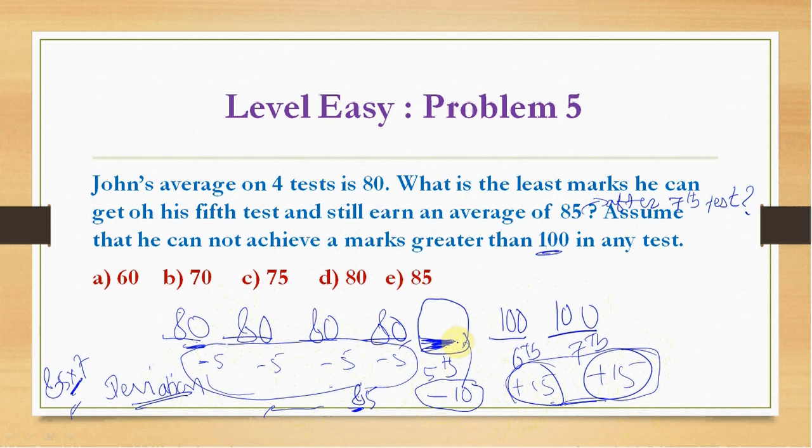So in order to obtain a negative deviation of 10, he should obtain 75 marks, so that 75 minus 85 is negative 10. So 75 is the least marks he can get on the 5th test and still obtain an average score of 85 on all 7 tests.